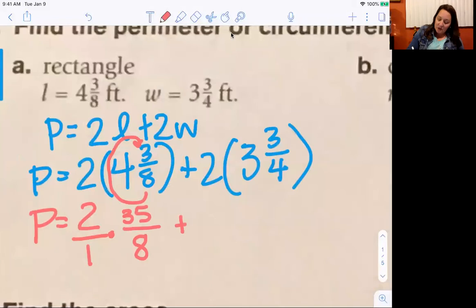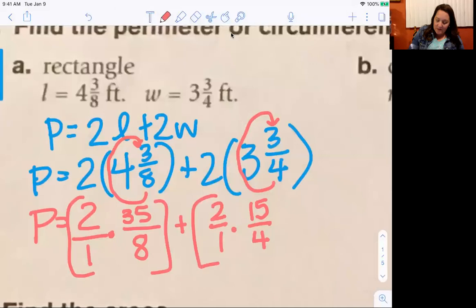Plus 2 over 1 times, let's do backwards C here too. 3 times 4 is 12, plus 3 is 15, 15 over 4. So we're going to take these 2 parts, multiply them, and then add them together. Can I cancel? I can cancel in the first one. 8 and 2 share a common factor of 2.